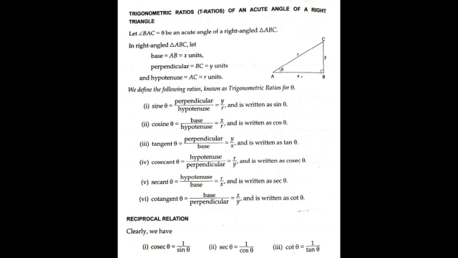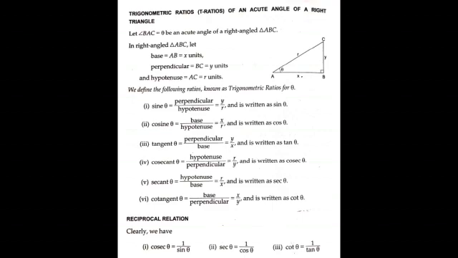And the last, sixth ratio is cotangent theta, which is equal to base by perpendicular. So here it is equal to x by y and is written as cot theta in short.